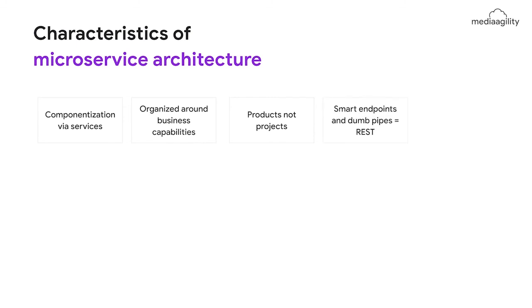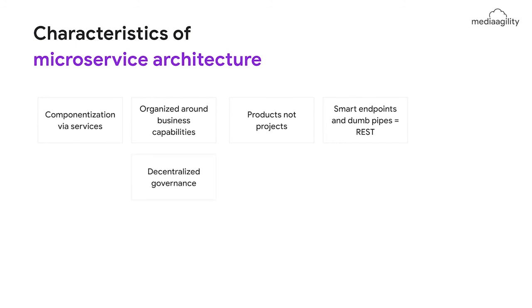You should have smart endpoints and dumb pipes, so they should be able to pipe with other services. Like in the Linux world, we can pipe the response from one API to other APIs, right? So your REST API response should also be usable in that form as well.